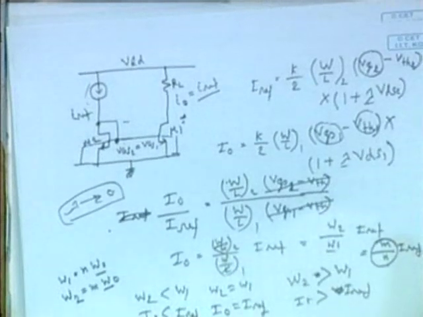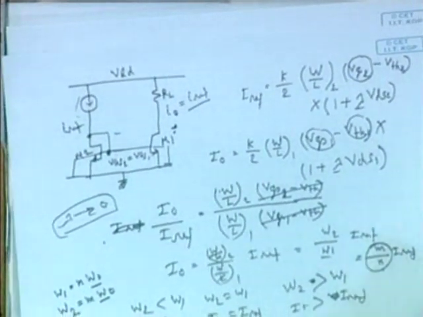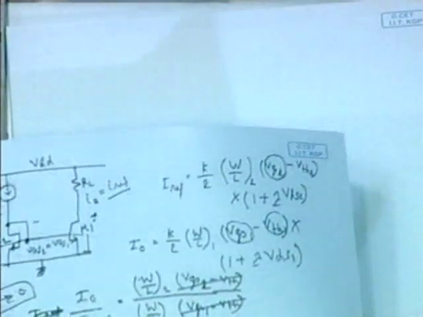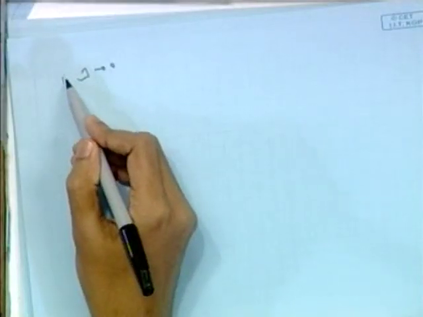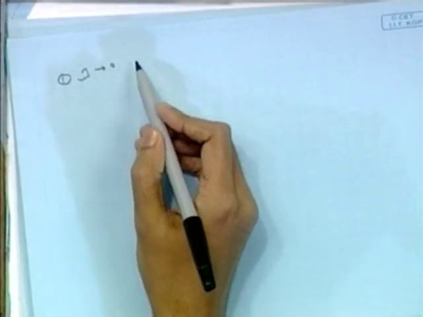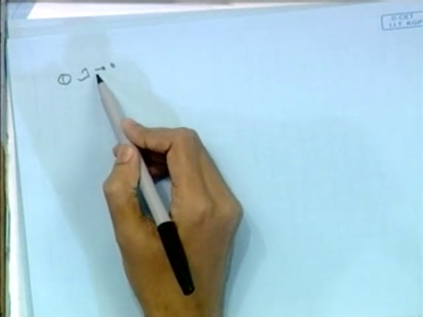So this is the basic, simplest current source we can have, but it has some problems. Here we have assumed that lambda is almost 0, but this is not the case, especially for smaller devices. The short channel effect will be quite pronounced there.